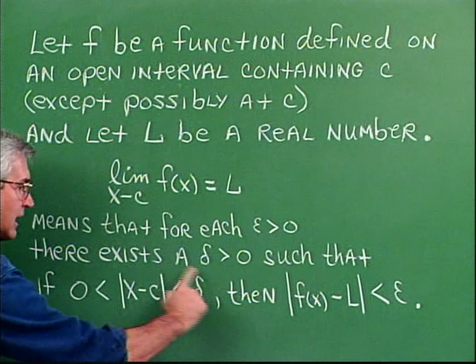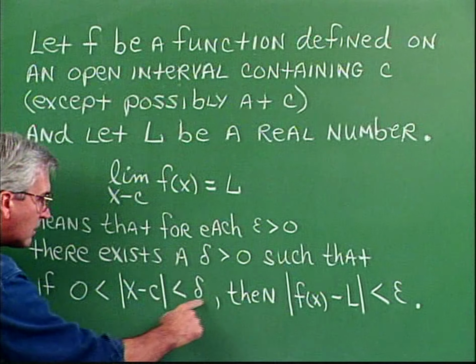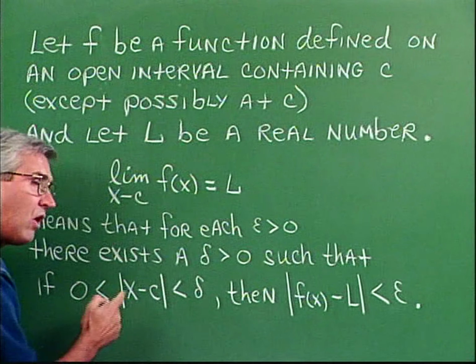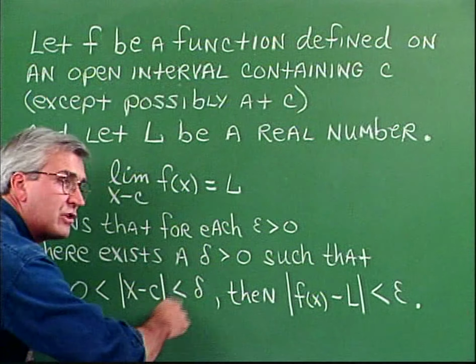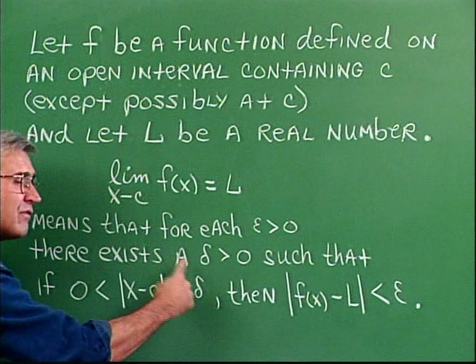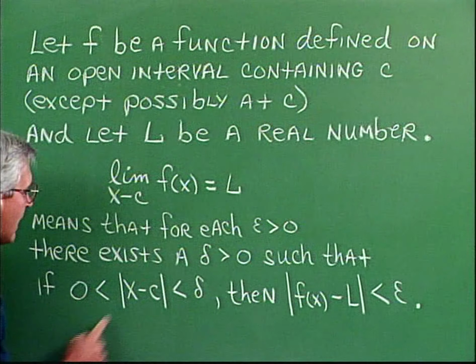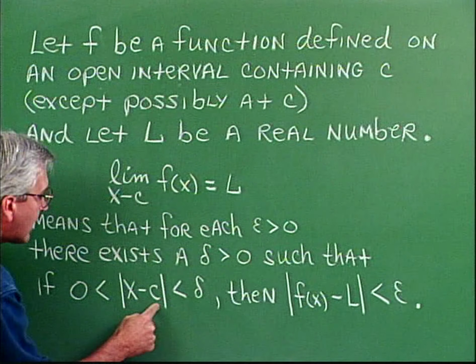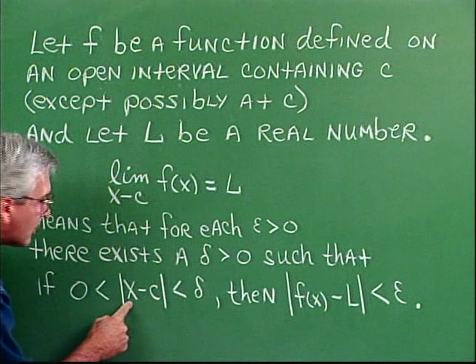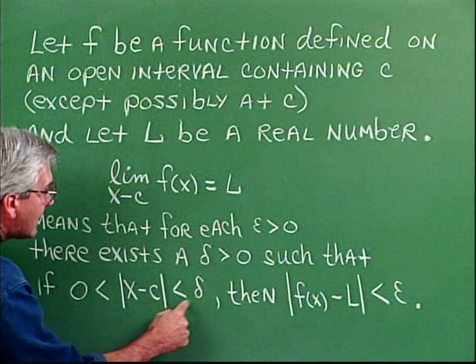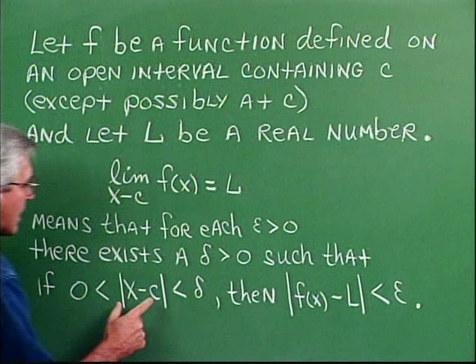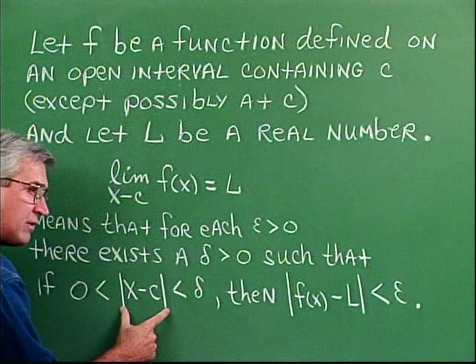This is to define the x's falling into the delta region. |x − C|, C the target point, x's in the neighborhood, minus C is less than delta. And there's an absolute value here. Why is that?